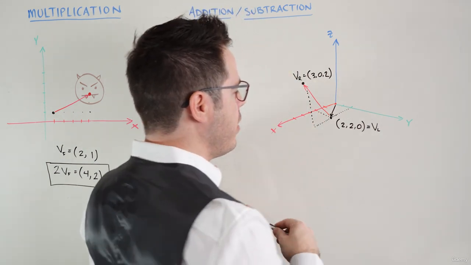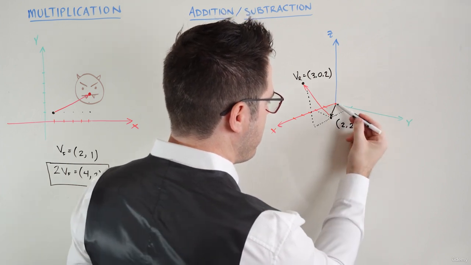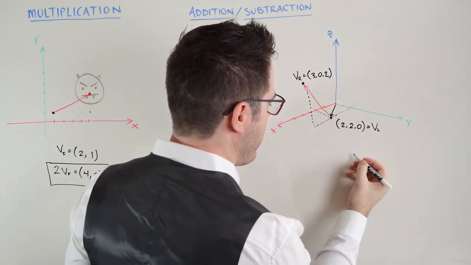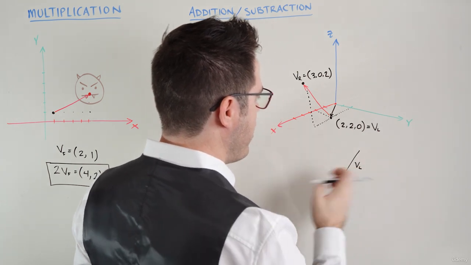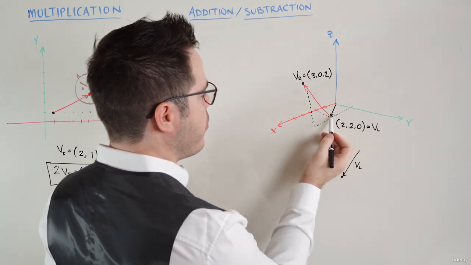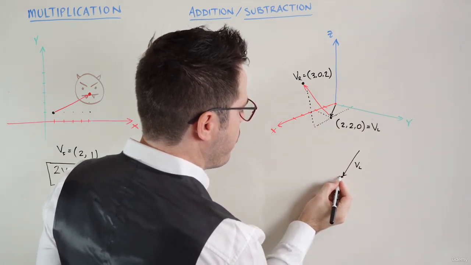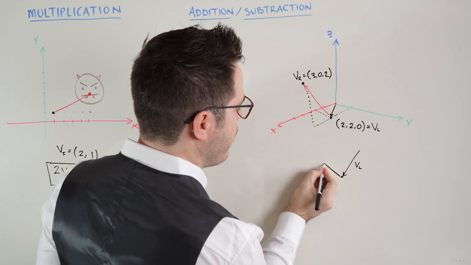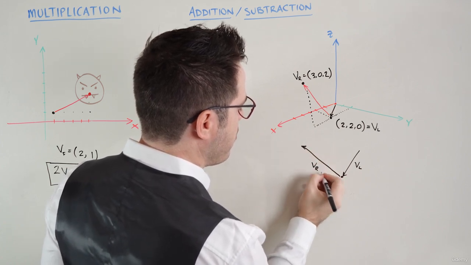Well, we know that our character's location is 2, 2, 0, and that can be represented by a vector from the origin to that point, 2, 2, 0. Here's v sub l. And we know that we have the rocket trajectory represented by the vector v sub r, and that we've placed it so that its tail is at the head of v sub l. So this is v sub r.